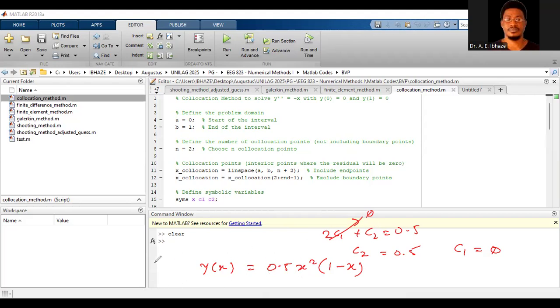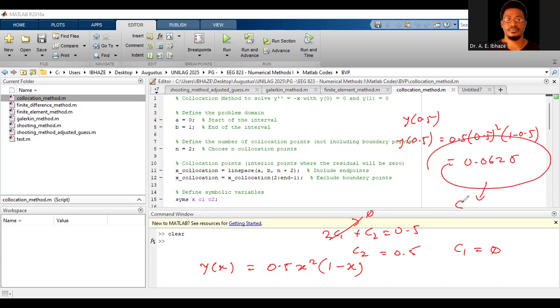Should we apply x equal to 0.5 in this expression, y(0.5) will be 0.5 times 0.5 squared times (1 - 0.5). This gives us 0.0625, which is the same as the exact solution. So there's some level of accuracy using the collocation method.